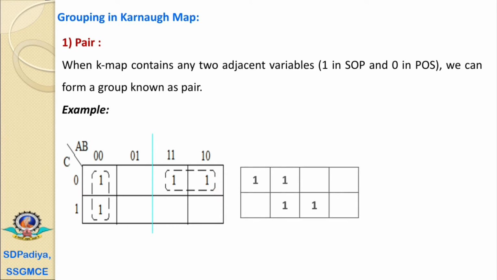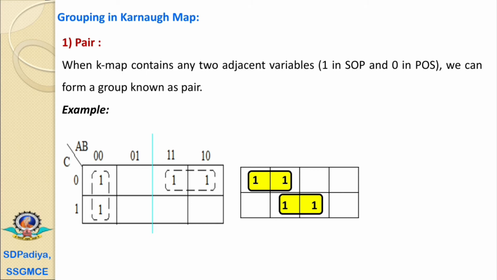Now if we take another example, suppose we have this 8-cell K-map and we have 1 in these particular positions. Here we can form a group of these first 2 variables, because these 2 cells are adjacent in the K-map, and we can form a second group of these 2 remaining variables, because these 2 cells are also adjacent in the K-map.